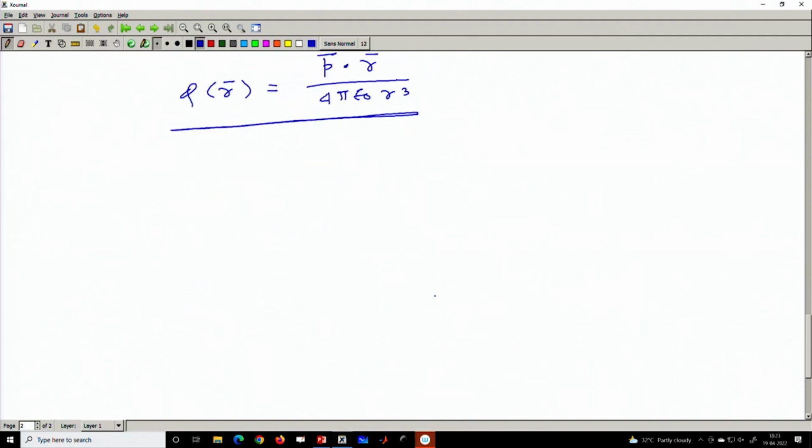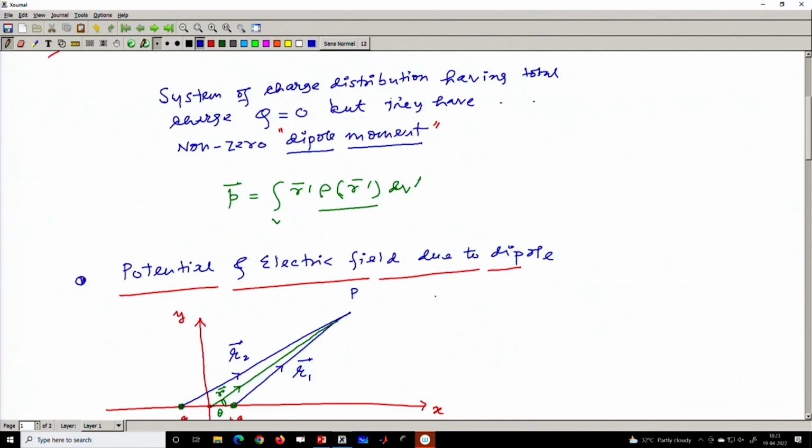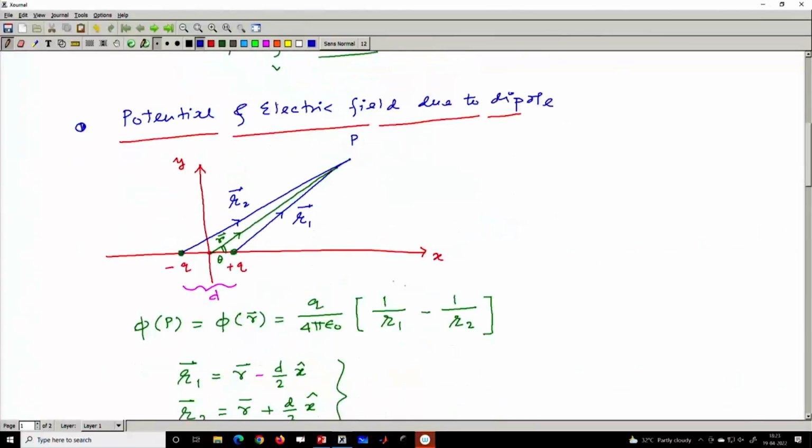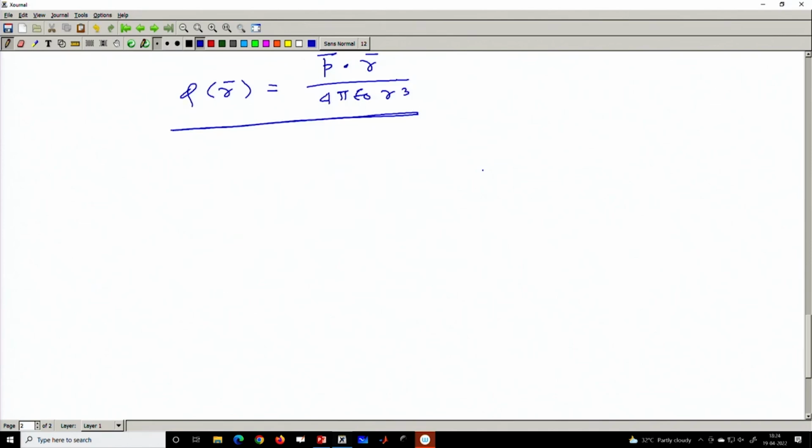Well, now the next thing is to find out the electric field due to this dipole, because our starting point is that we write the potential and the electric field. So, electric field you can readily calculate because potential is now known.